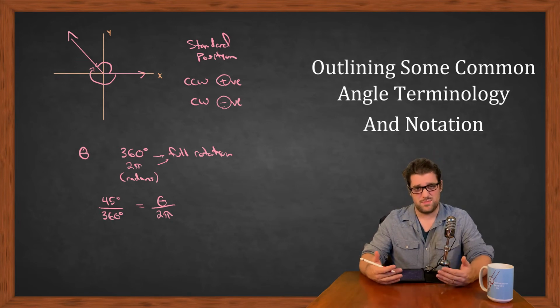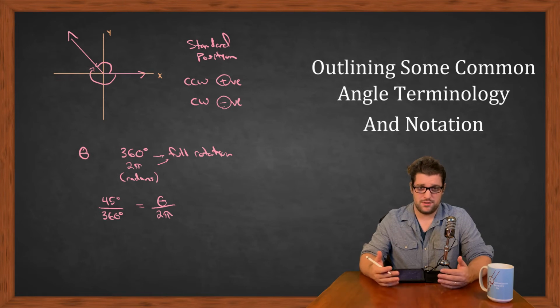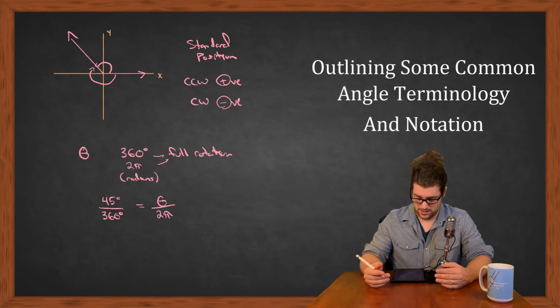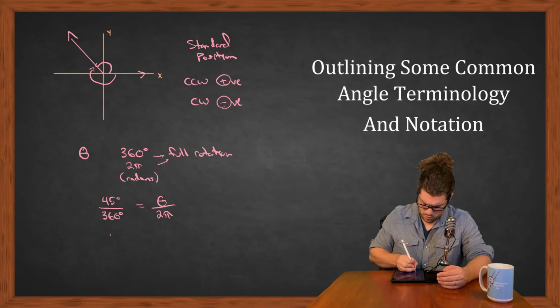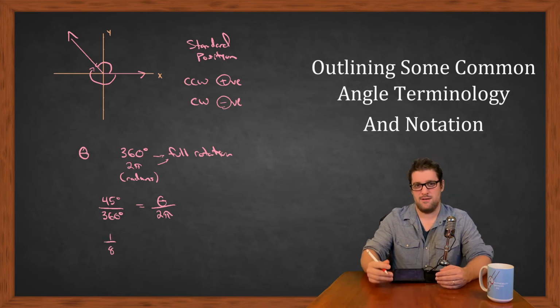So what we can do is basically just use ratios in order to determine what the measurement would be in radians. So 45 is going to be, if we reduce that 45 over 360, that's 1/8 of the entire rotation, or the entire circle.